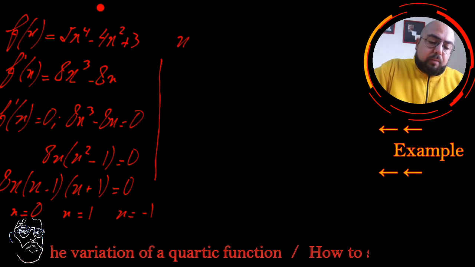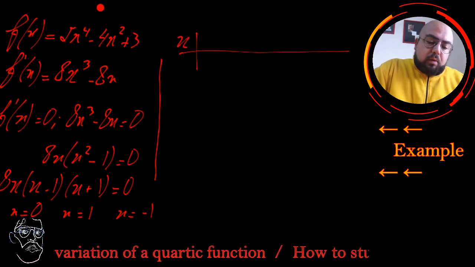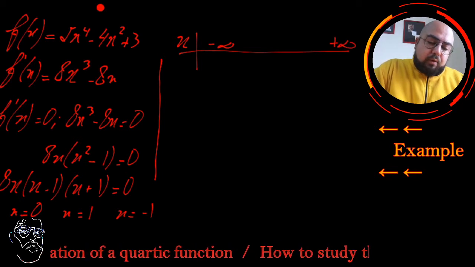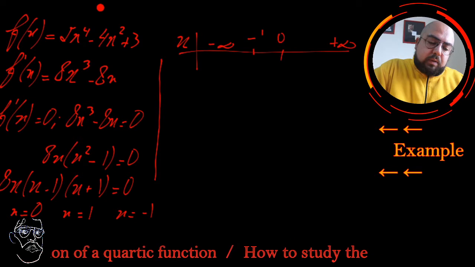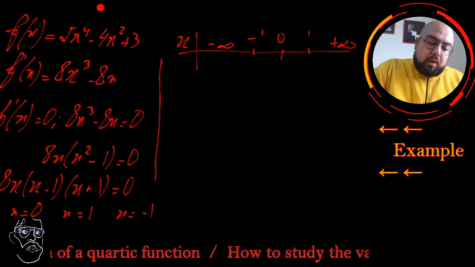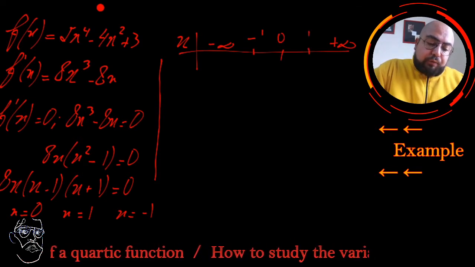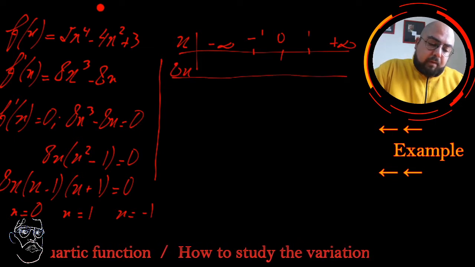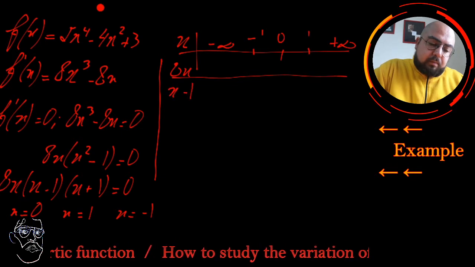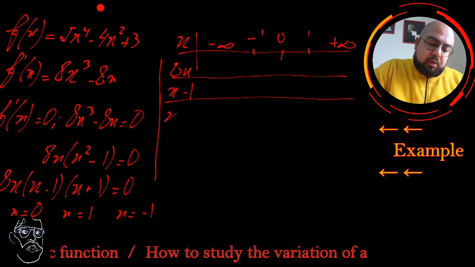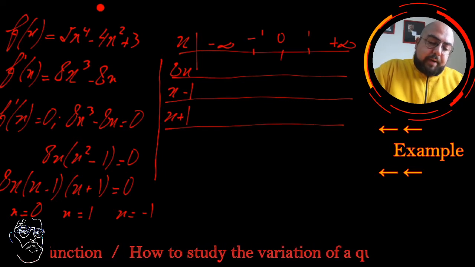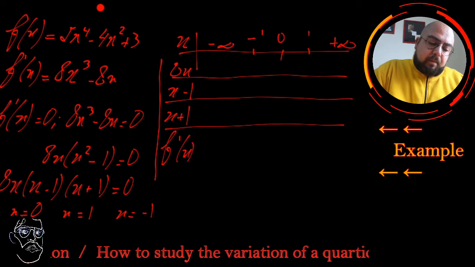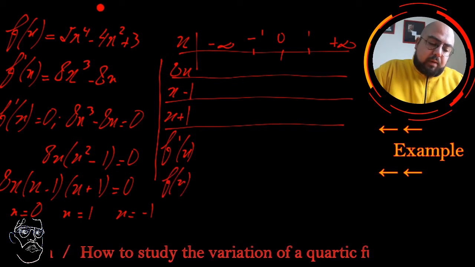And then you will go and do the table of variation. Of course, the values are minus 1, 0, and 1. I'm going to take each factor apart: 8x, x minus 1, x plus 1, finally f prime of x, and then the last one will be the variation f of x.